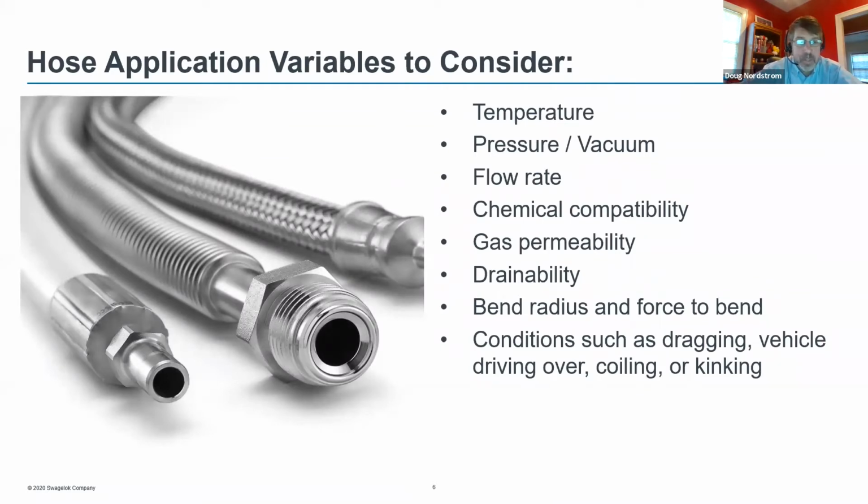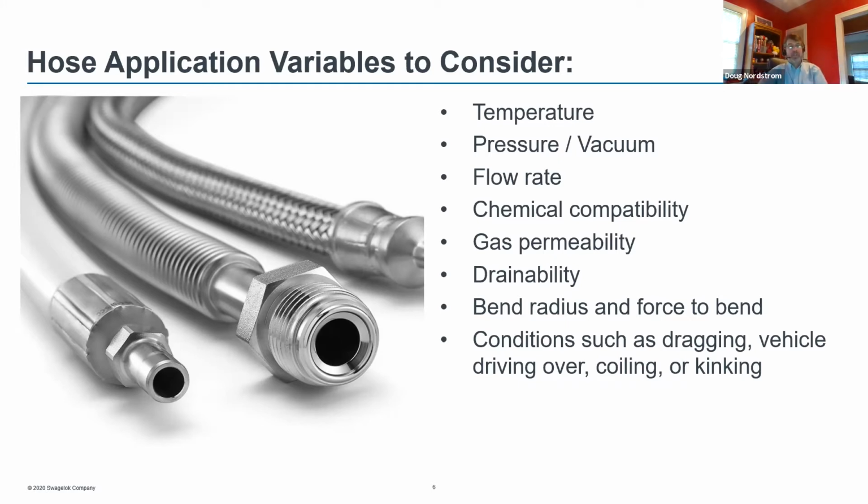The first, maybe a little more obvious than the others, is chemical compatibility. A hose has a lot of internal surface area and is in contact with the media for long stretches, much more so than a fitting, valve, filter, or regulator. So chemical compatibility is critical, so that all that surface area is designed for the media flowing through the hose.